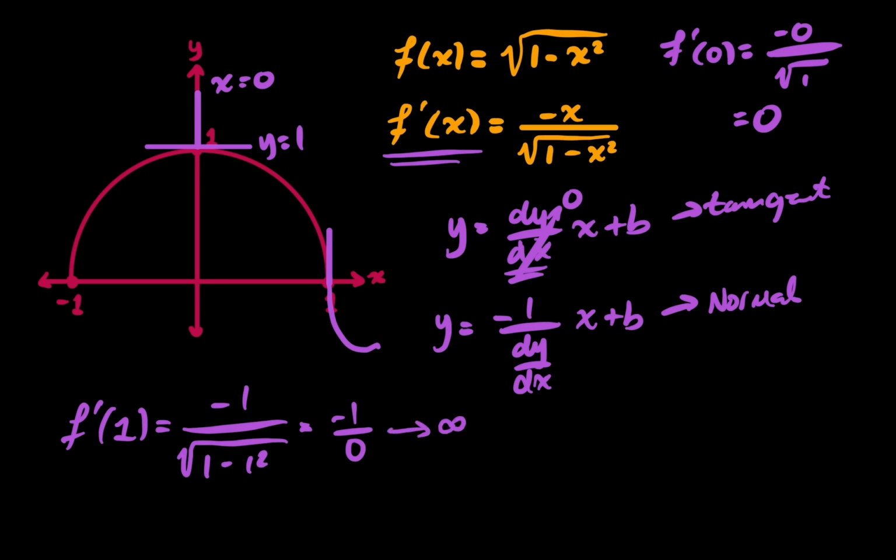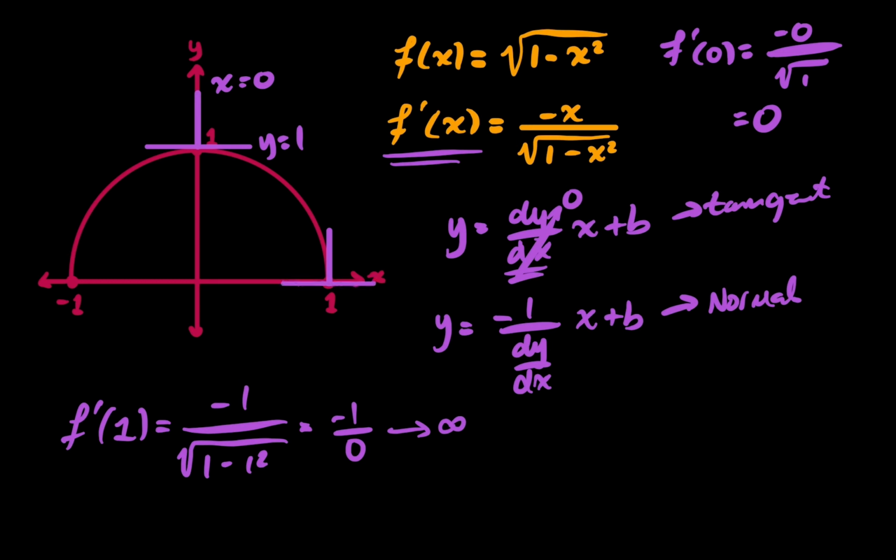And so this would indicate that we have a vertical tangent, or vertical line. And so then we know that the normal is going to be a horizontal line. So let me erase this part because we'll talk about differentiability a bit later on. If we have a vertical tangent, then our normal is going to be horizontal, because it has to be perpendicular to our tangent line.